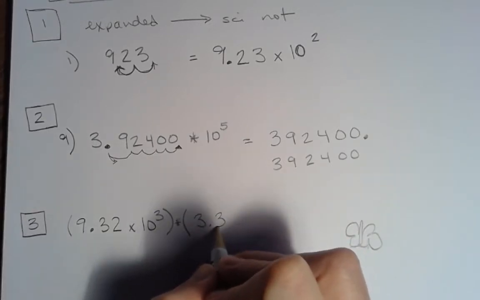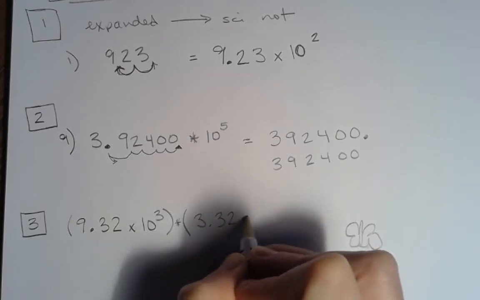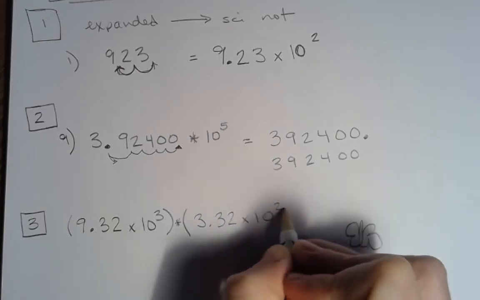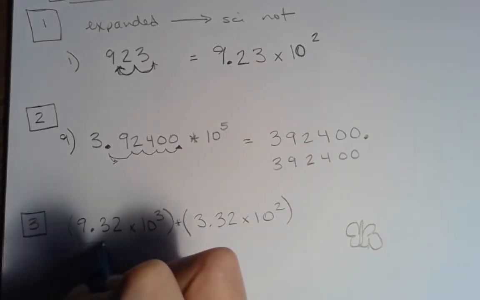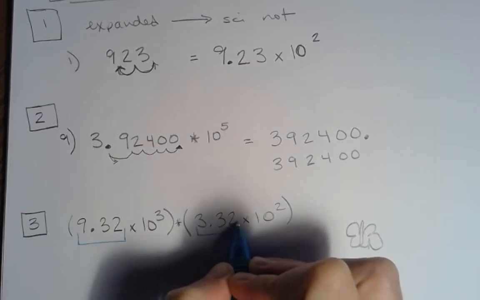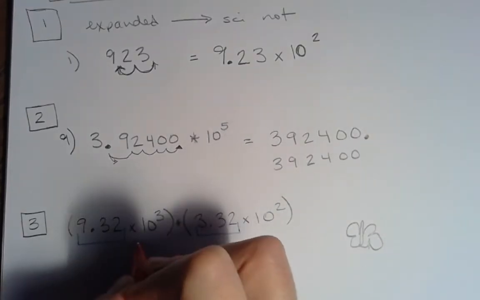Our second number here is 3.32 times 10 to the 2. Okay, so we are multiplying in scientific notation. Just like our other video, we're going to break this into calculator numbers and scientific notation numbers.